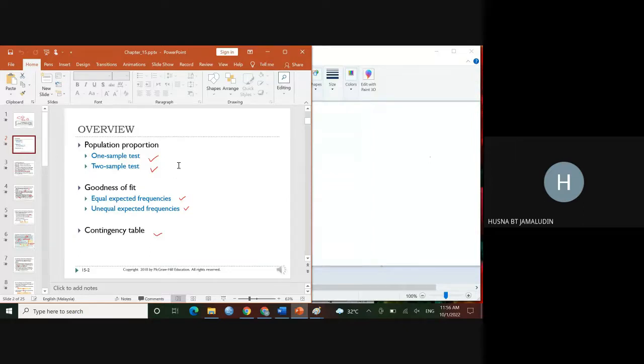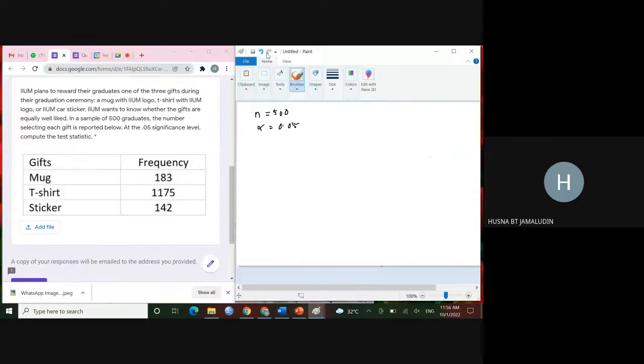For proportion, you would look at the question differently. Here you don't have the details for proportion; you should be given the percentage or pi, and there are many other things as well. In this case, it is an example of goodness of fit. So is it equal expected frequency or unequal?